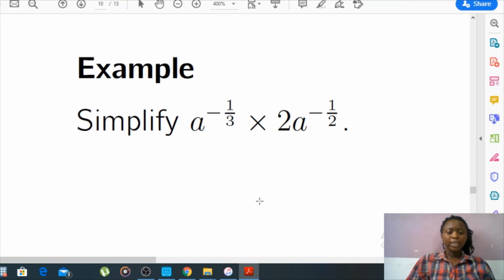Okay, there is one example I would like us to solve. It's a combination of all what we've done. So let's just do this, then I'll give you a few assignments to do.